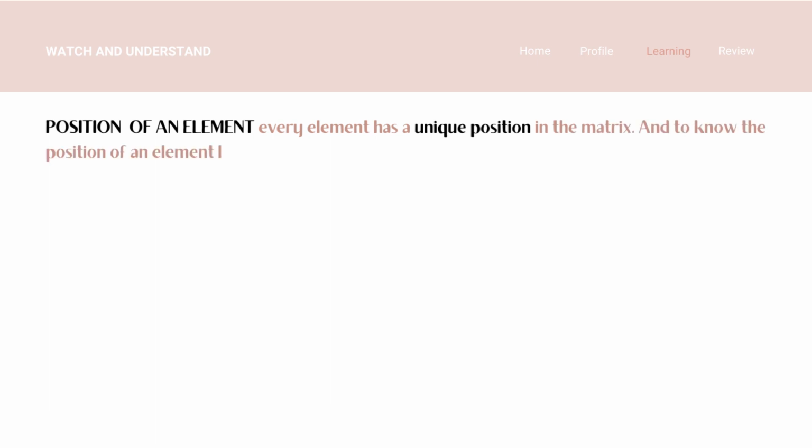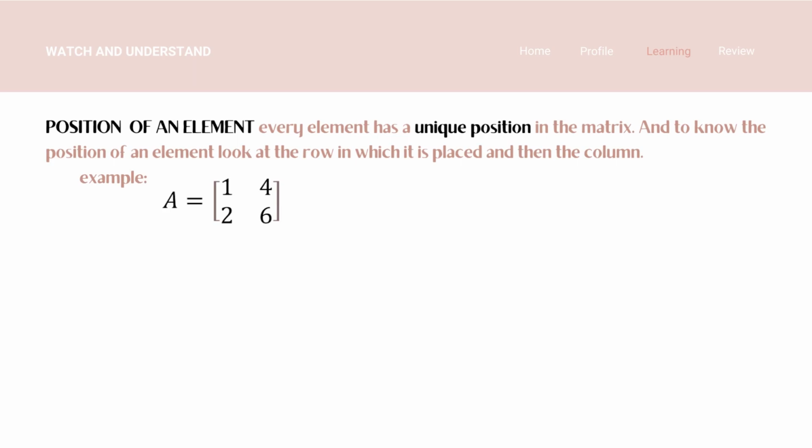Lastly is the position of an element. Every element in a matrix has a unique position, but to know the position of an element in a matrix, you need to look at the row in which it is placed and then the column. Yes, row, column. For example, in matrix A, what will be the 1,1 element, or A sub 1,1?